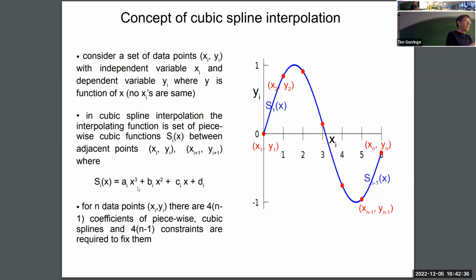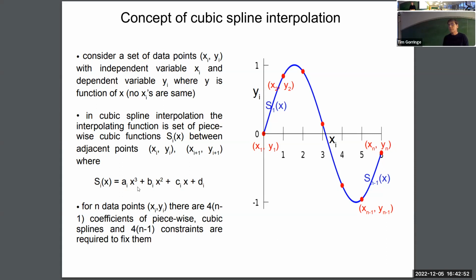And so we've got to determine 4 times n minus 1 coefficients if we're going to accomplish this cubic spline. That's quite different from the case of the Lagrange polynomial interpolation, because in the Lagrange polynomial interpolation, the number of coefficients just matched the number of data points.